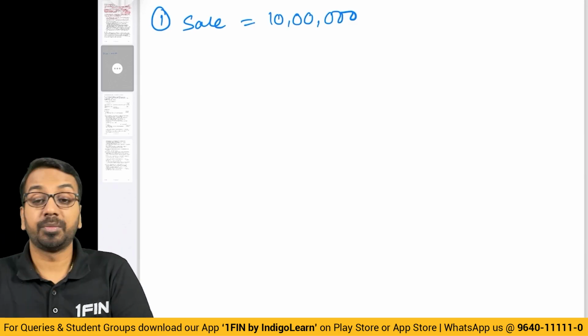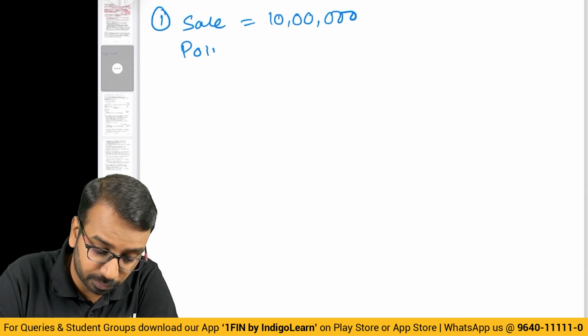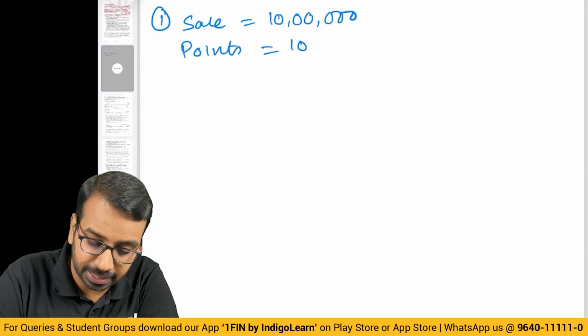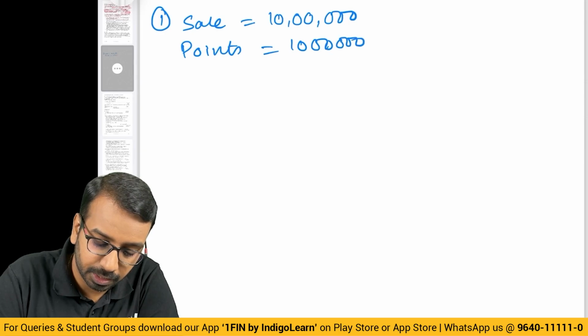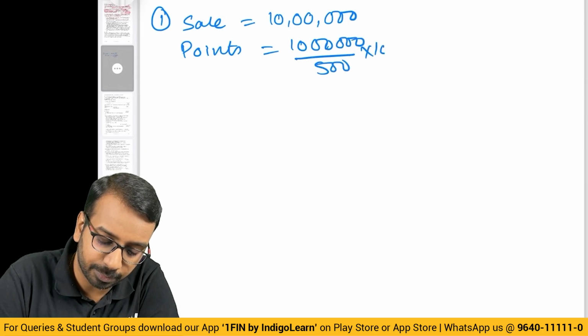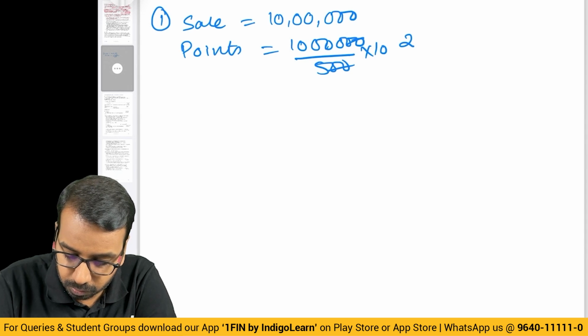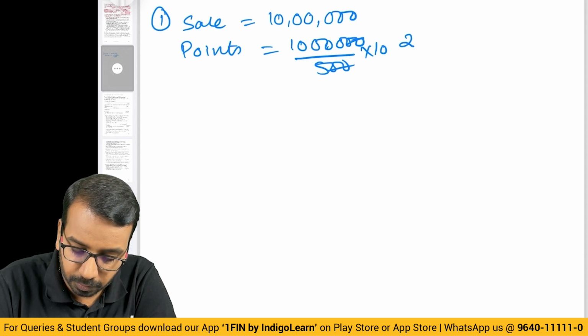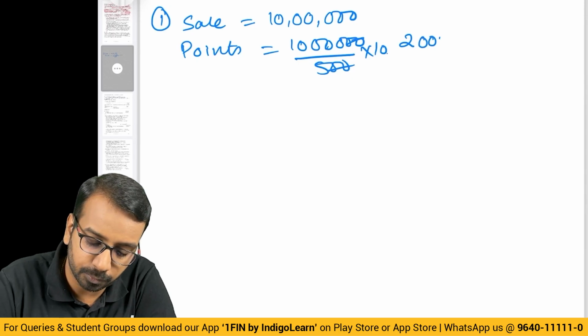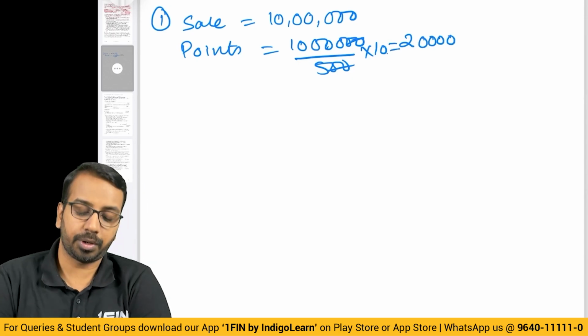Sale is 10 lakhs. How many points will be awarded? Points will be 10 lakhs divided by 500 multiplied by 10. So this goes off, 5 into 2, you have 20,000 points.